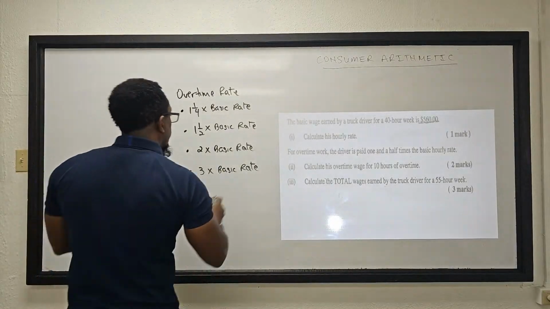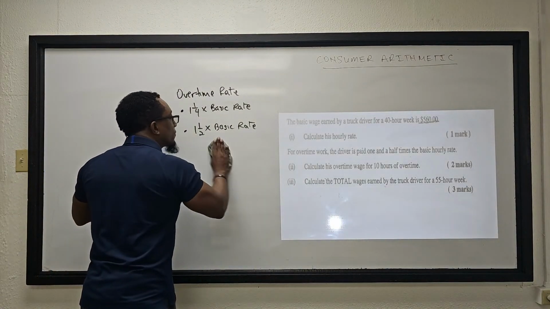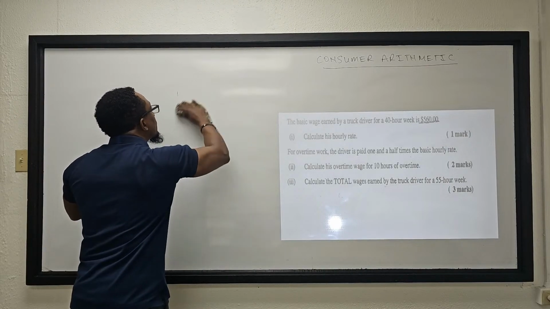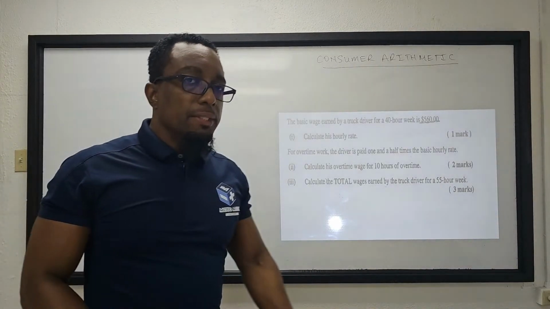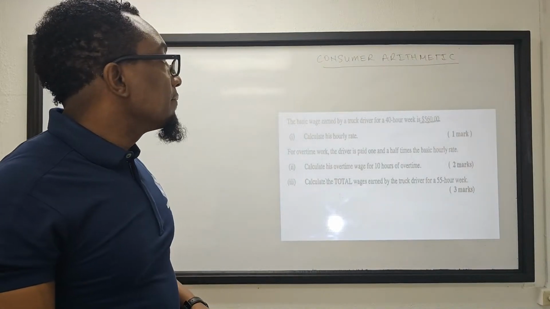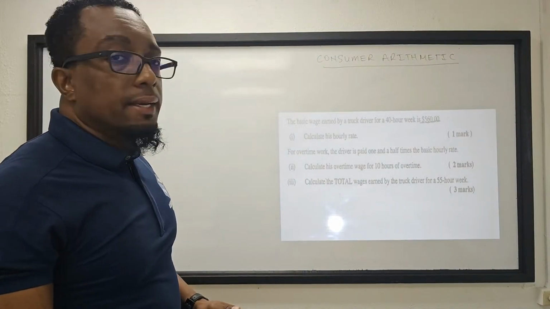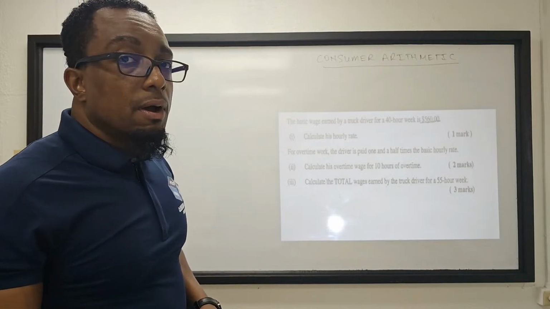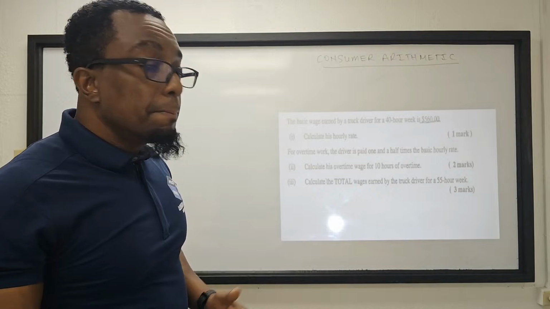So it says here, the basic wage earned by a truck driver for a 40-hour week is $560. That's the basic wage. Calculate his hourly rate. That's the basic rate, right?